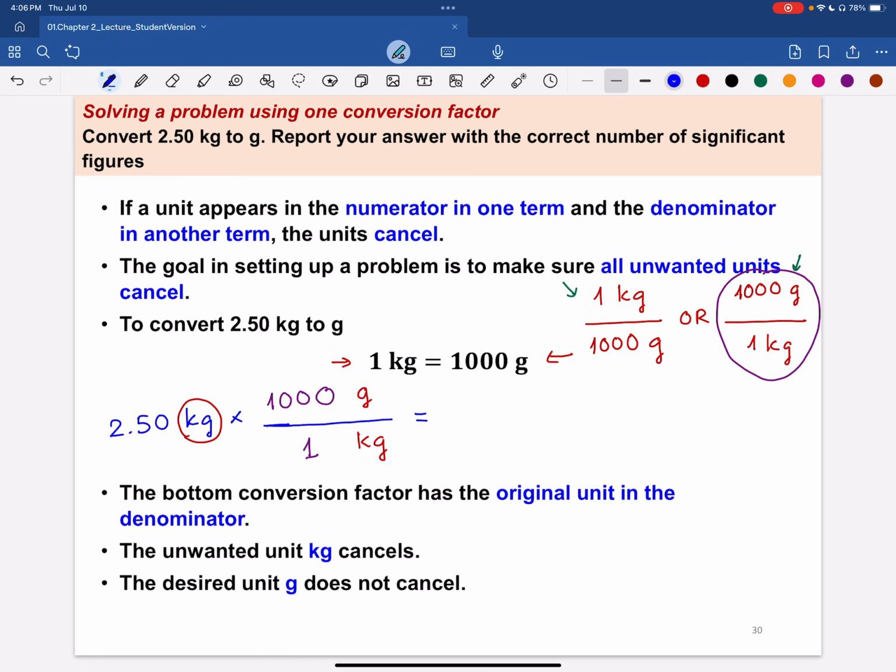Put these expressions in the calculator, and I have 2,500 grams. Here, kilogram cancels out, and you are left with gram as the desired unit.